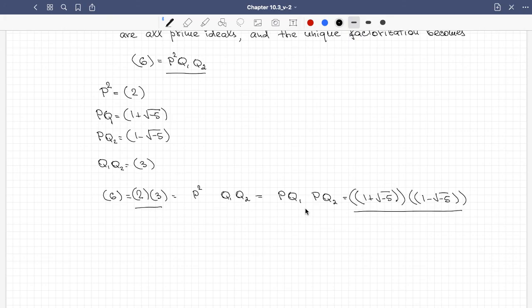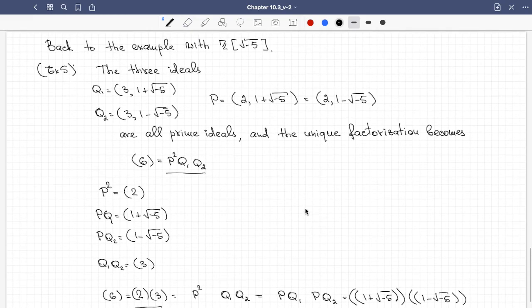I hope this gives you a clear idea how it should work, and why the word ideal came into existence in connection with these rings.